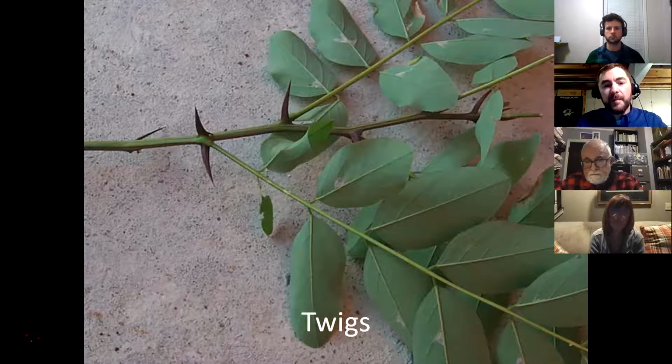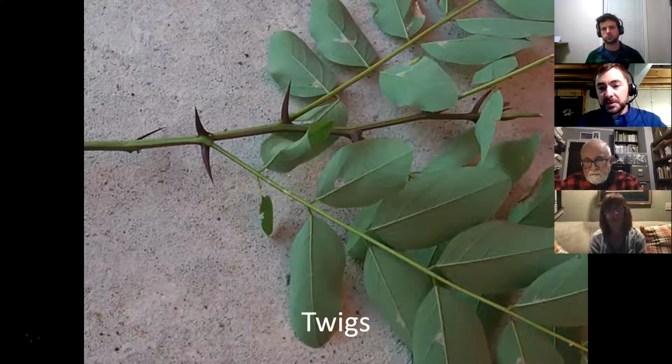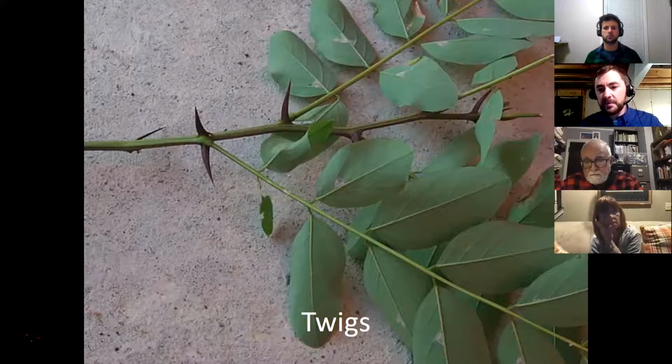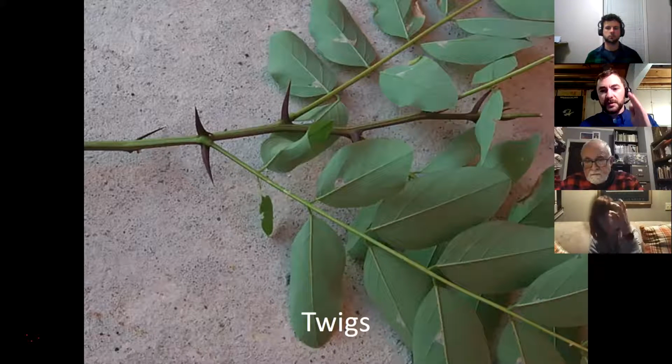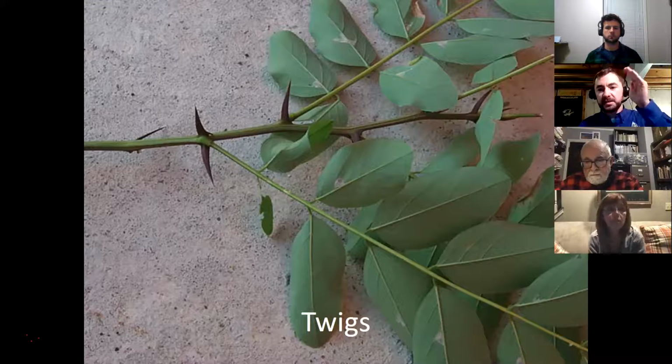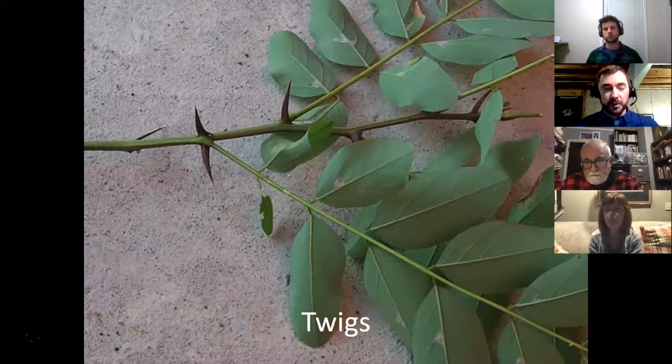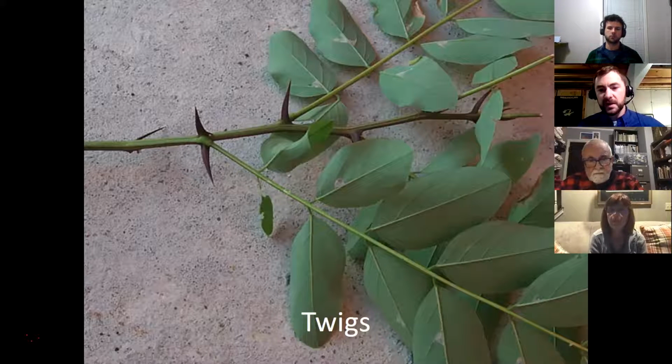When you look up at a mature elm tree's twigs in the wintertime, as long as it's close enough for our eyes to discern it, you will see very distinct zigzag buds. I mean, the twig almost does a zigzag, and you'll see these fat buds, especially this time of year as we're approaching spring. It's really easy to identify.